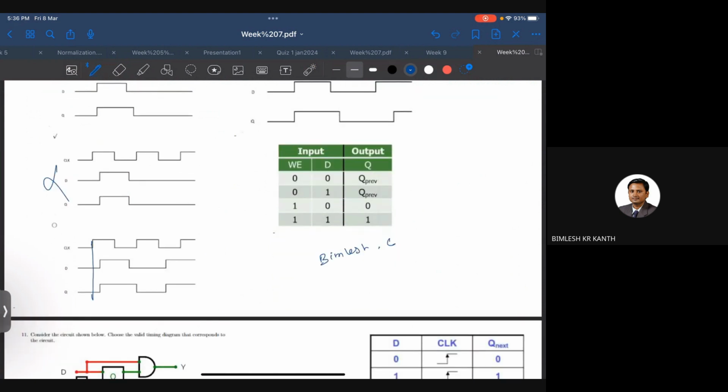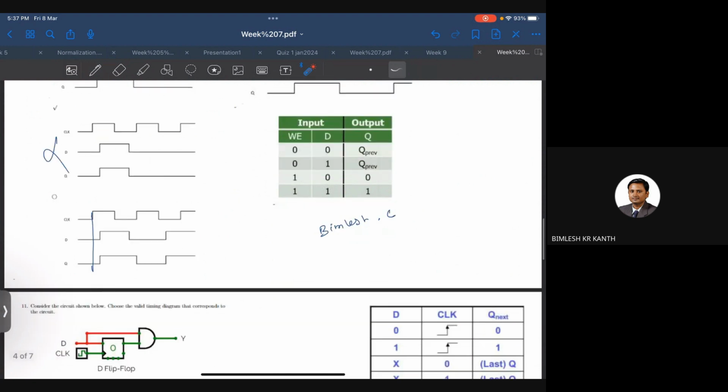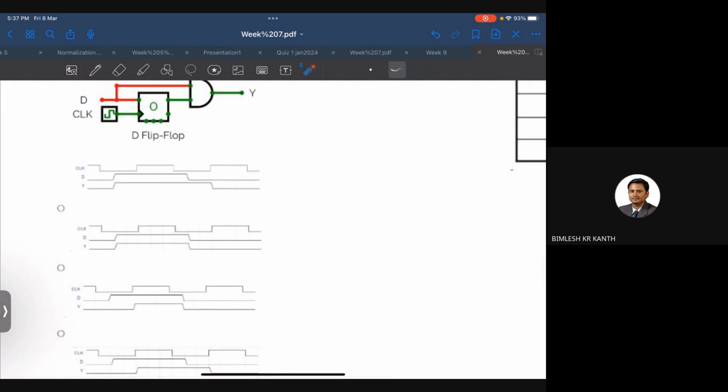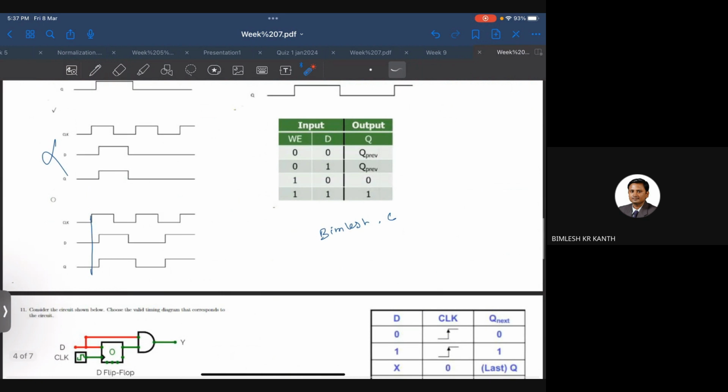So yeah, up to that is correct. The diagram is not properly drawn here. It's not to the scale. Yeah, the scale is not proper. Anyway, for this question, a scale will be given already.